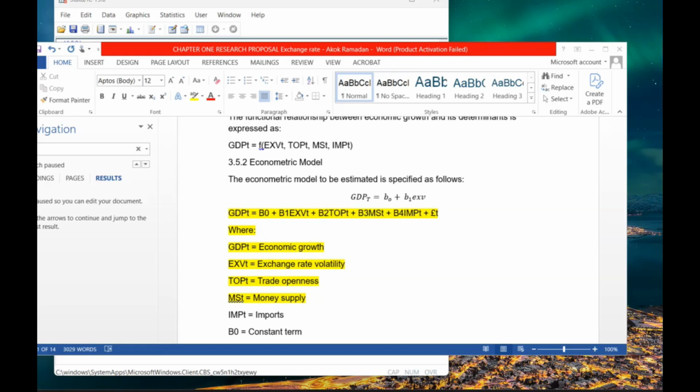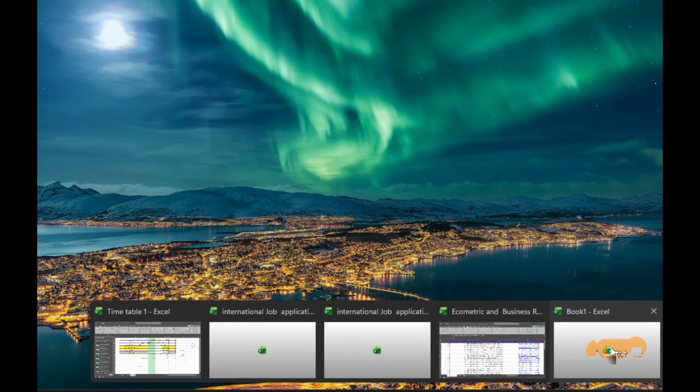Okay, let us check the data set. Let me just go faster.